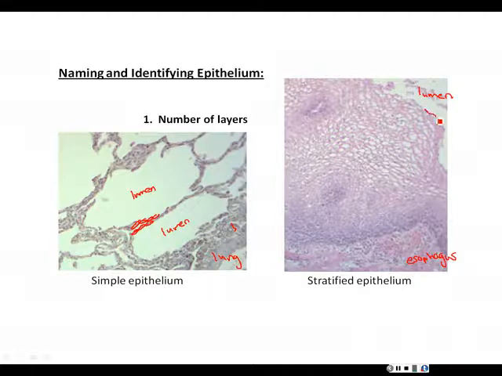So here's our apical surface, and all the way down here, you've got the basal surface and the basement membrane. And in between, I'm not even going to try to count them, but you've got layer after layer of cells.